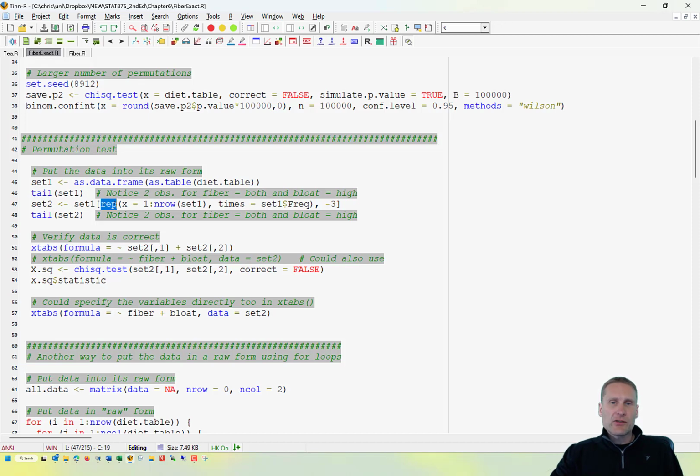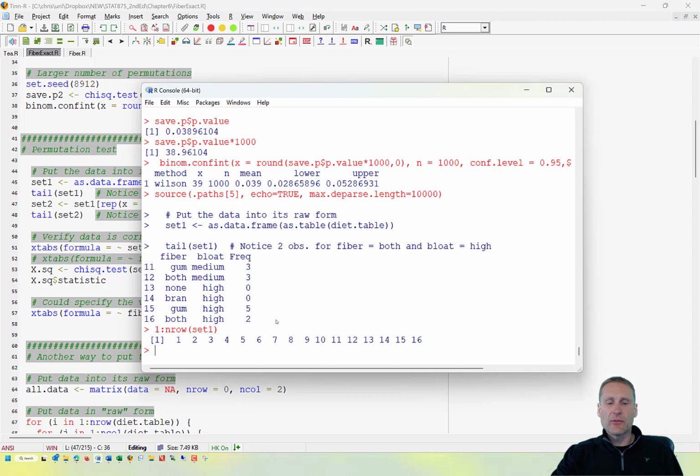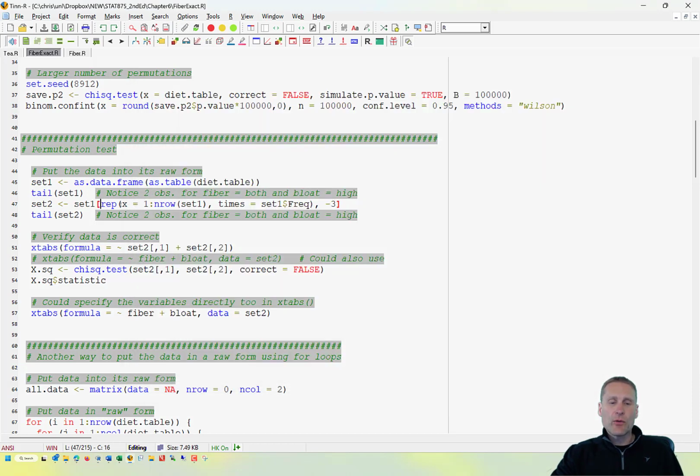The rep function in R allows us to repeat values. And what I want to do is repeat my row numbers in my data set. So just to show you, there's my row numbers. And nrow stands for number of rows of set 1. If I do 1 colon that, that gives me my row numbers, 1 through 16. And I want to repeat those numbers, 1 through 16, a number of times. The number of times is the actual count in the contingency table corresponding to when that fiber and that bloat combination occurred.